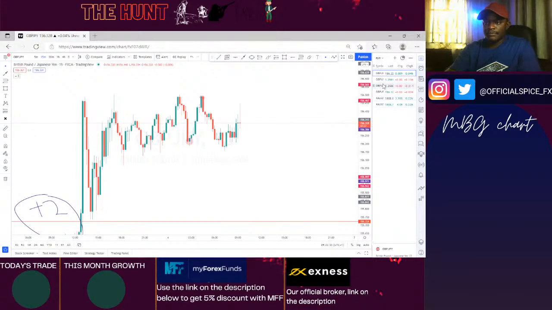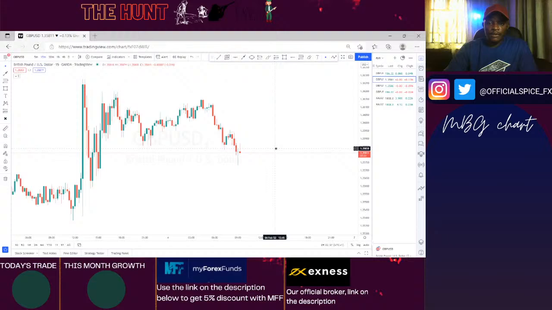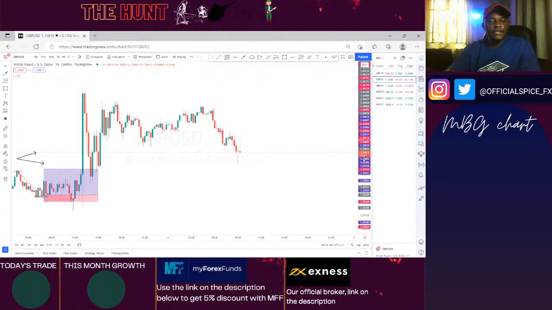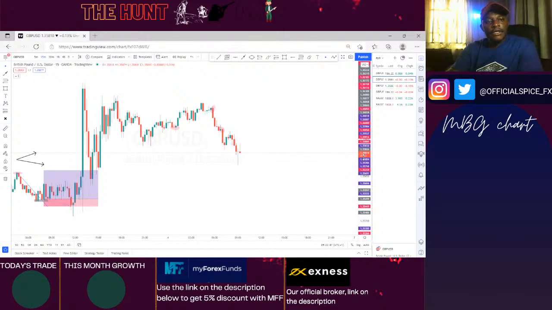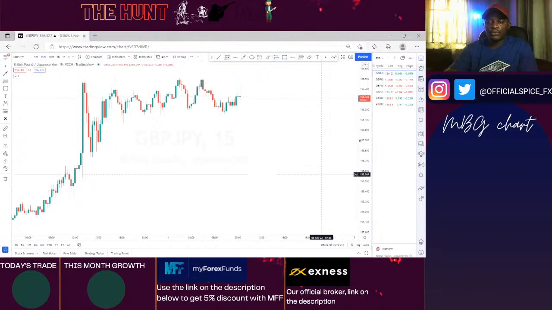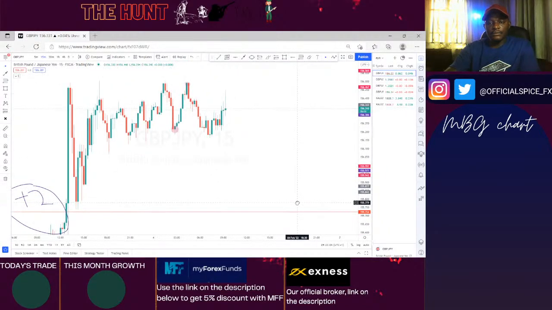I'm still having a strong bias for buys right now for GBP USD and GBP JPY both. But let's see what happens. Just need a confirmation.